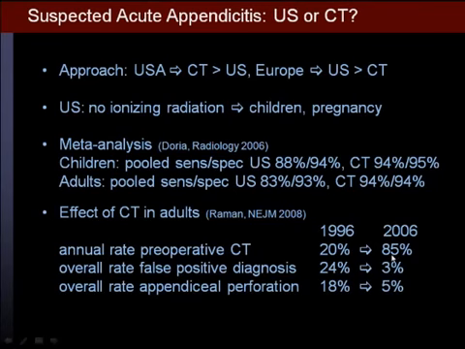And in the same time period, the overall rate of false positive diagnosis and of appendiceal perforation decreased down to these figures, 3 and 5%. So these results suggest that preoperative use of CT will improve the outcome in patients having acute appendicitis.